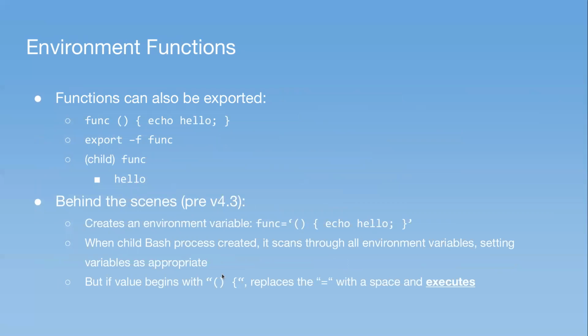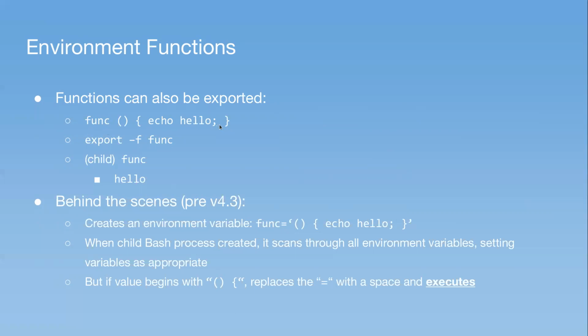Okay, so we've talked about variables and functions, and we've talked about environment variables. So the question is, do we have something called environment functions? Do they exist? And the answer, quite surprisingly, is yes. Functions can also be exported in Bash. This is a function definition that we've seen a few slides before.